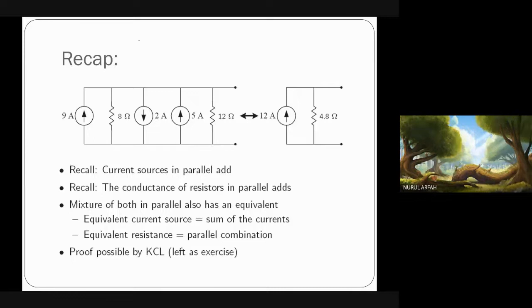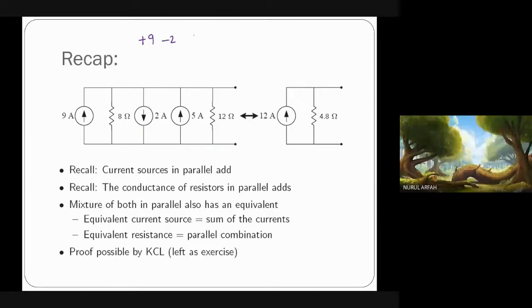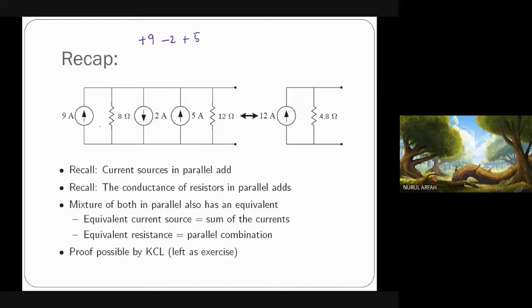Going up, plus, okay. And then we have two amps here. Is it a minus or plus? Minus. Minus, and then 5. Plus. Okay, plus. By the way, current in parallel, you can add all. So that's why we add here. So how much? Equal to 12, right?